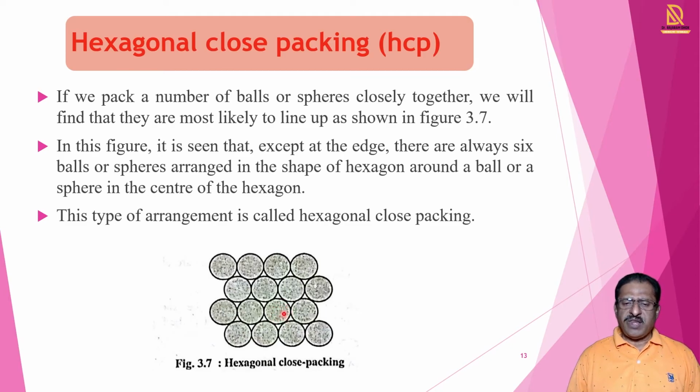This type of arrangement is called hexagonal close packing. When the ions in all the lines and all the directions are arranged like this, one ion is surrounded by 6 other ions. You see 1, 2, 3, 4, 5 and 6 ions. And when such 6 ions attach to each other, there is the formation of a shape.